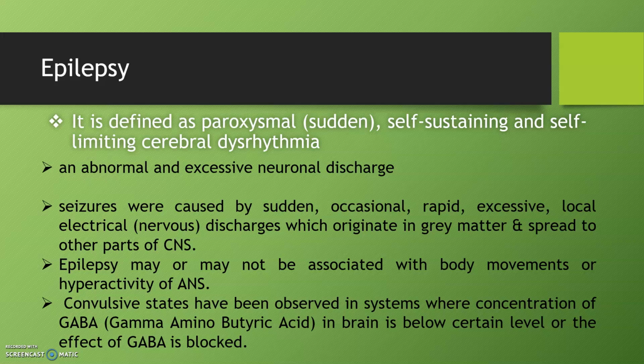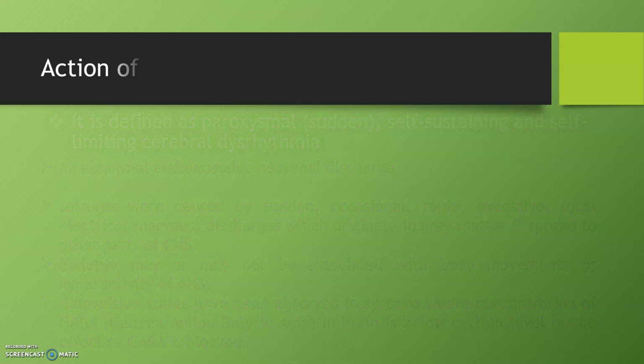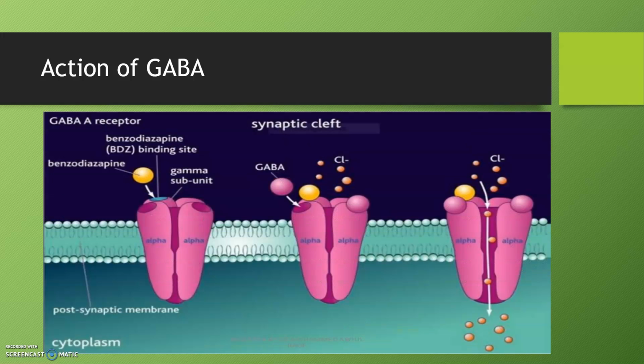Very simple terminologies. Now, what are the actions of GABA? GABA means gamma amino butyric acid. See, this is the receptor. The pink color is the receptor. Into that receptor, binding these yellow and pink circles, yellow indicates the drug and pink color is the GABA.